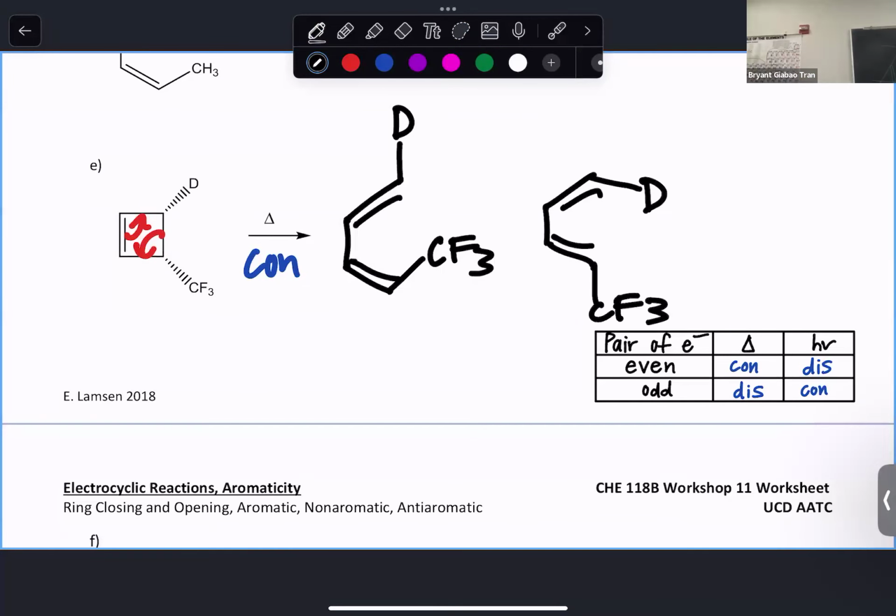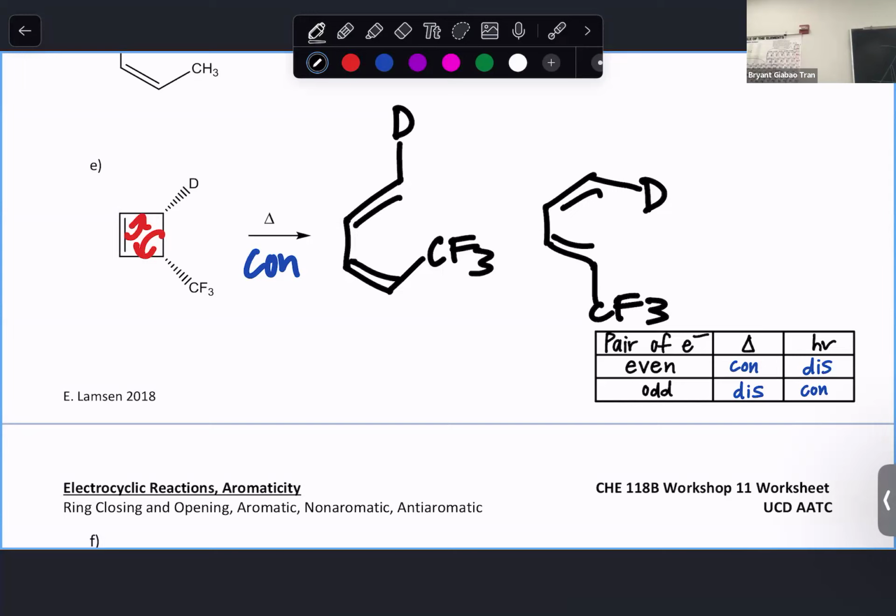Right. Does this make sense so far though? Like how the groups are oriented the way they are? Like this group here is facing the same direction as that group because when we rotated it, they're both facing in the same direction. This is going up, that's also going up. This is going down, this is also going down. And we know that because of the thumb rule there, right? Where these are our two products, but there's one major one and one minor one. Do you guys know which one's the major one from this here?